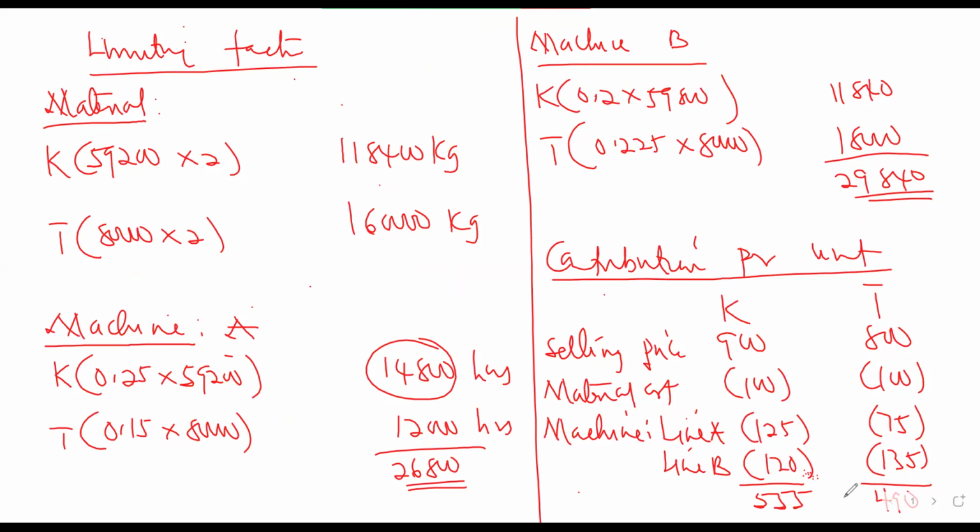Because the limiting factor for the material was 160,000, and when it comes to machine B, it was 18,000. So these are both limiting factors for producing product T. Just if you can explain why you use the material, because both are limiting factors.